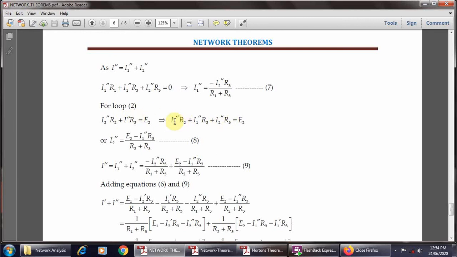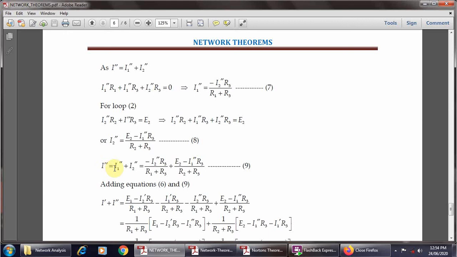Therefore the equation is I2 double dash R2 plus I1 double dash R3 plus I2 double dash R3 equal to E2. Here I2 double dash is common, so taking it common, R2 plus R3 plus I1 double dash R3 is equal to E2. Therefore I2 double dash is equal to E2 minus I1 double dash R3 upon R2 plus R3. This is equation number 8.